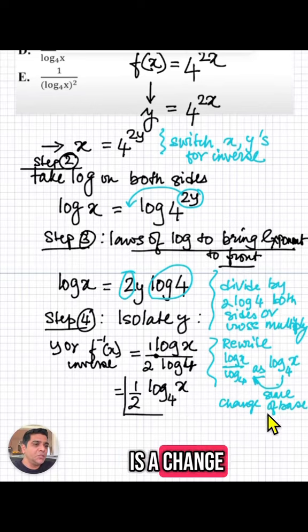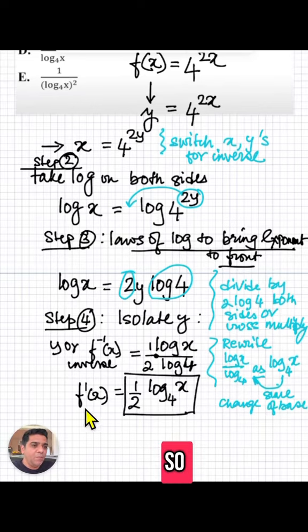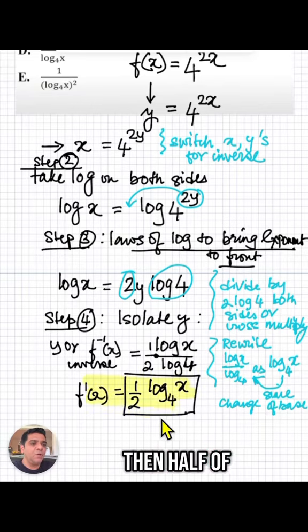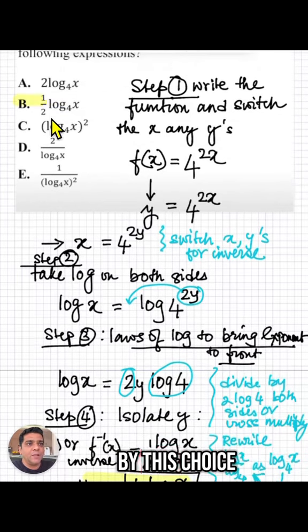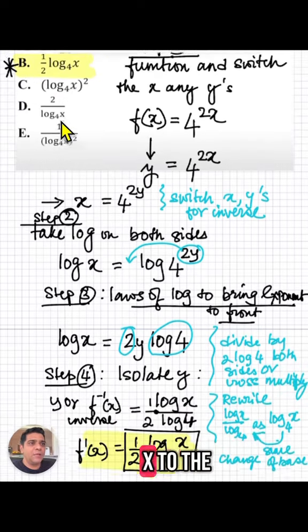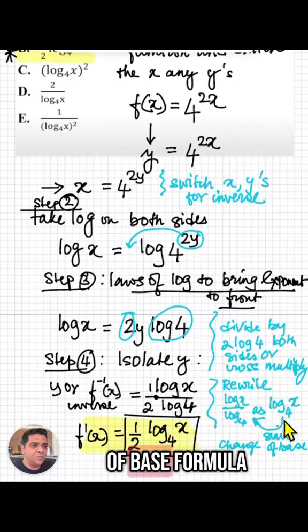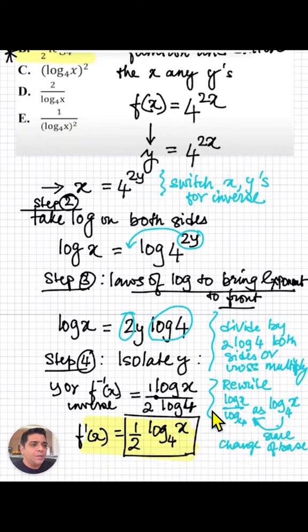This is the change of base formula. So the inverse is half of log x to the base 4, which is represented by choice B over here. So half log x to the base 4, using the change of base formula we calculated.